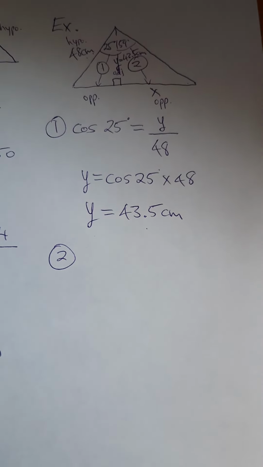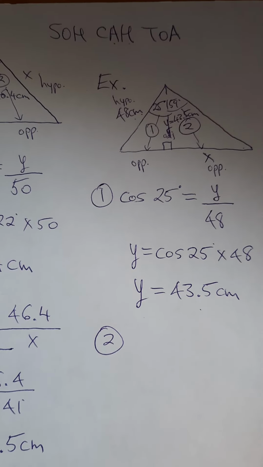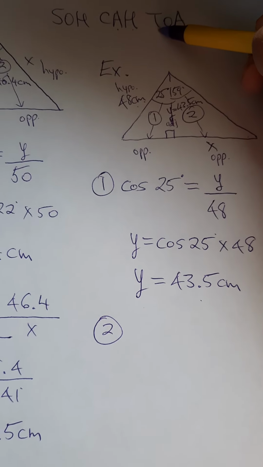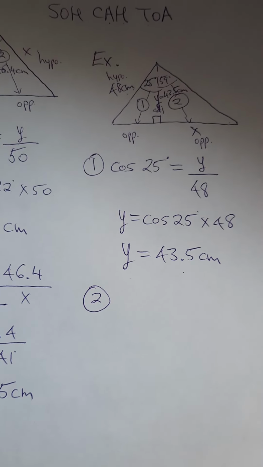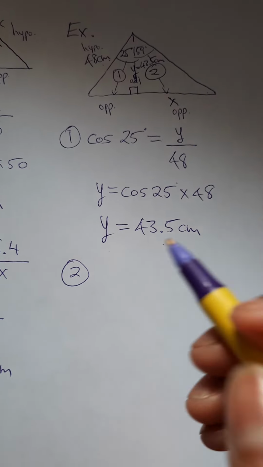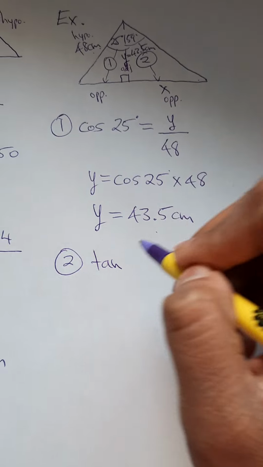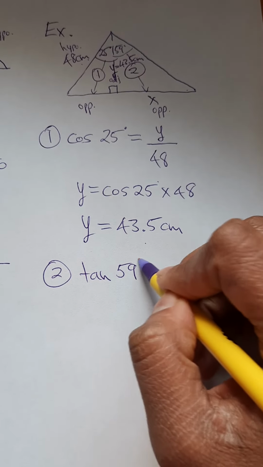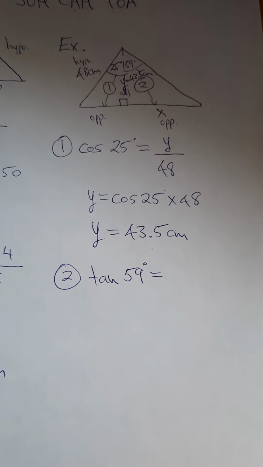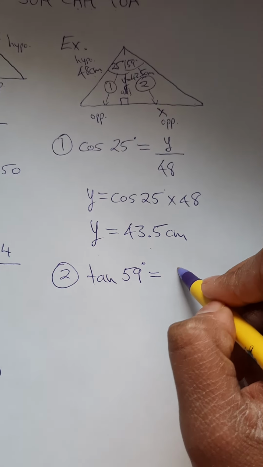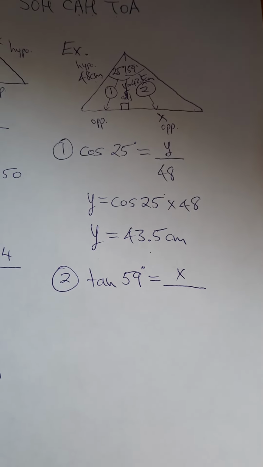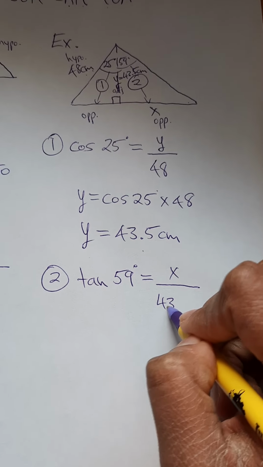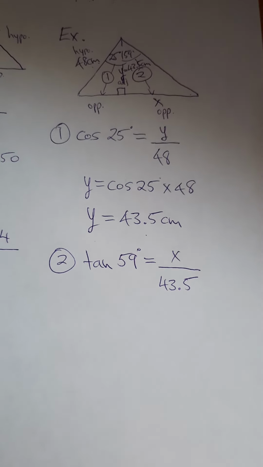If we look at our Sohcahtoa up here, the tan ratio is the opposite divided by the adjacent. That's what we're going to do here. Let's use the tan. So tan theta, which is 59 degrees, equals the opposite side, which is x, over the adjacent side, which is 43.5.